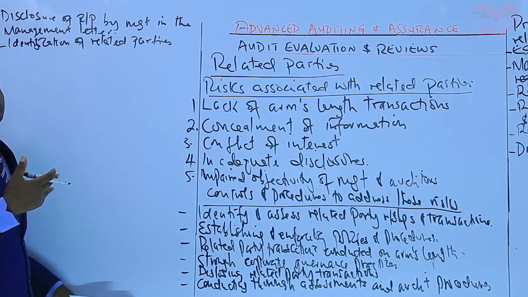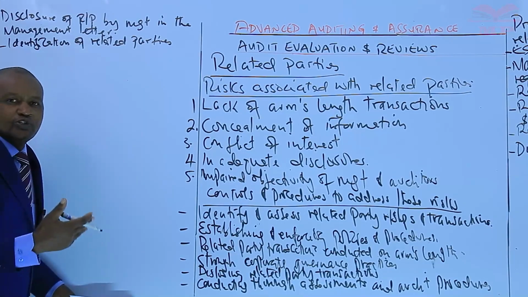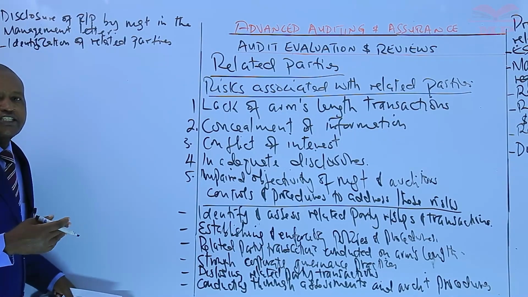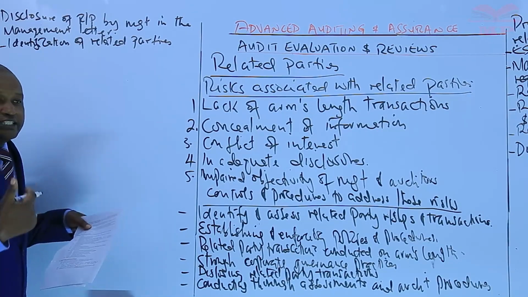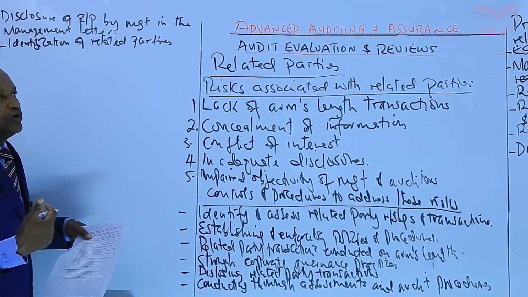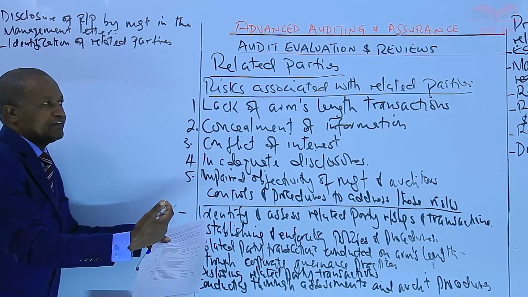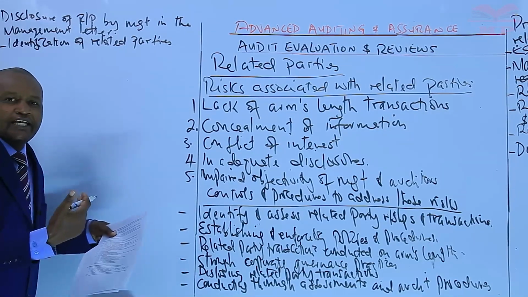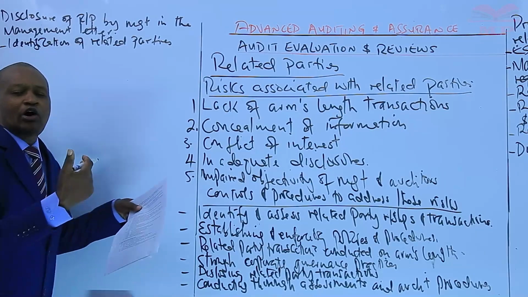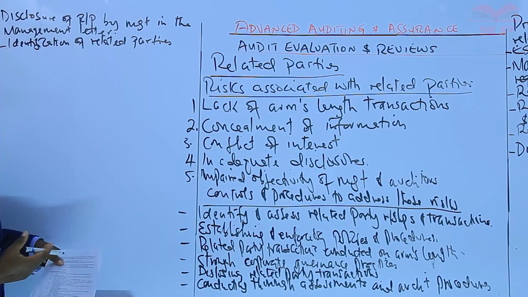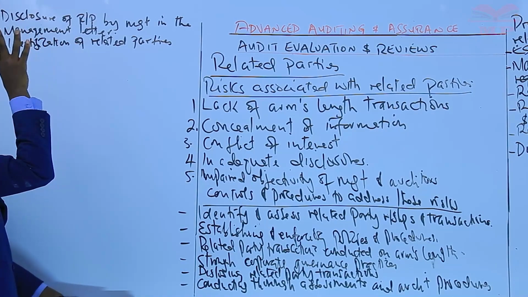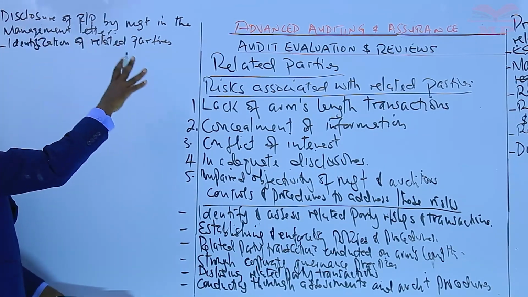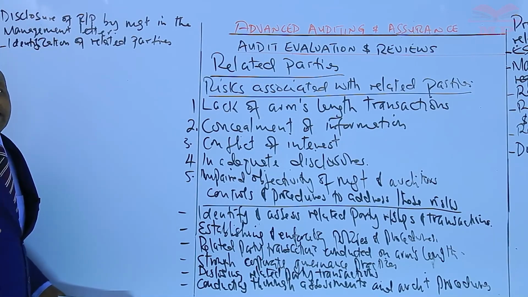These related parties include individuals, entities, and other parties that have a close relationship with the entity, or have a close relationship with the key management personnel of the entity. So that is one aspect you'll find in the management letter, the disclosure of related parties by management in the management letter.